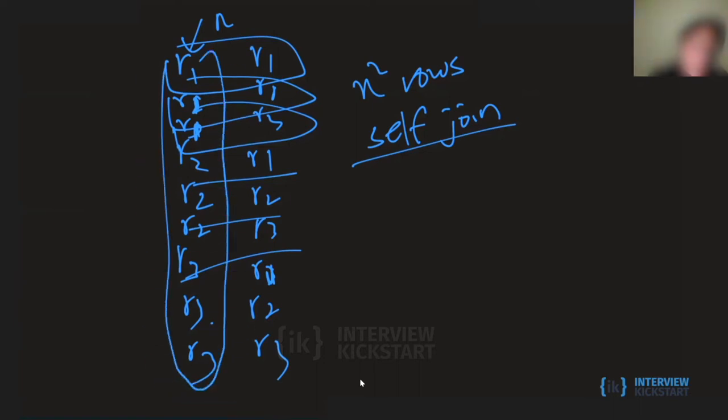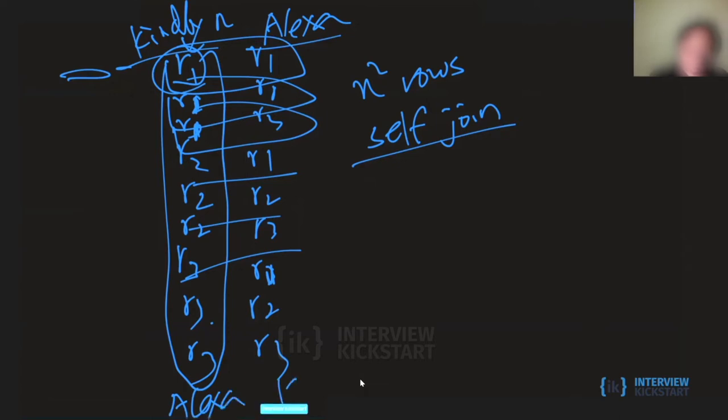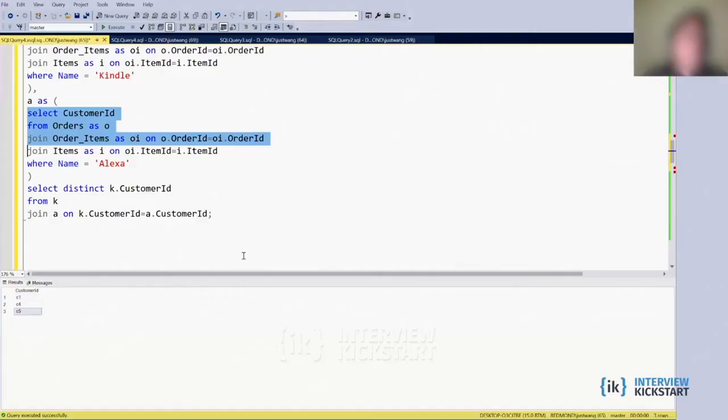So if I get a row where, for example, this is Kindle and this is Alexa, I know this user must have purchased both Kindle and Alexa, or if this is Alexa and this is Kindle, then this user purchased both Alexa and Kindle. This is why we can also use self-join to solve the problem.